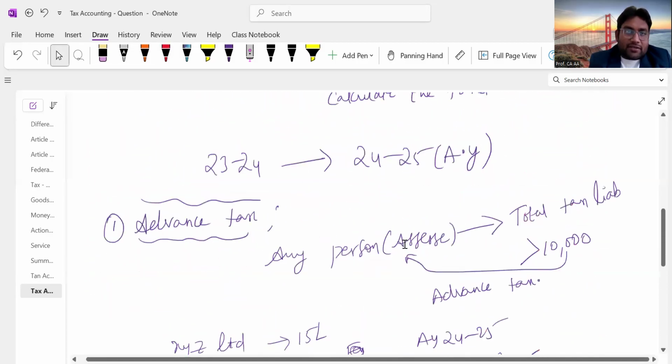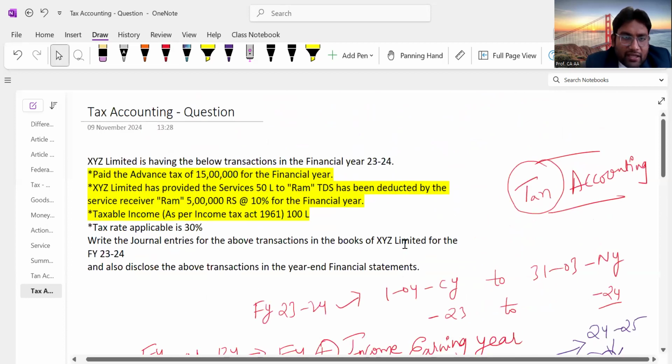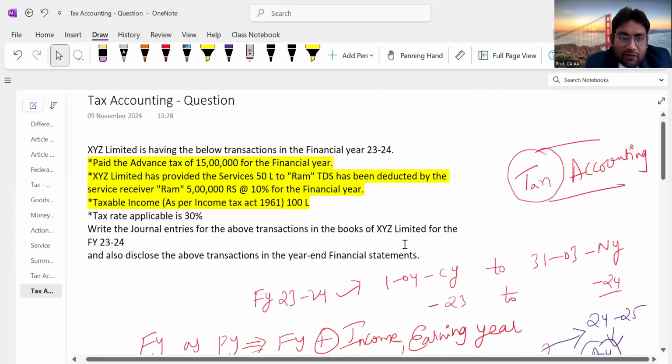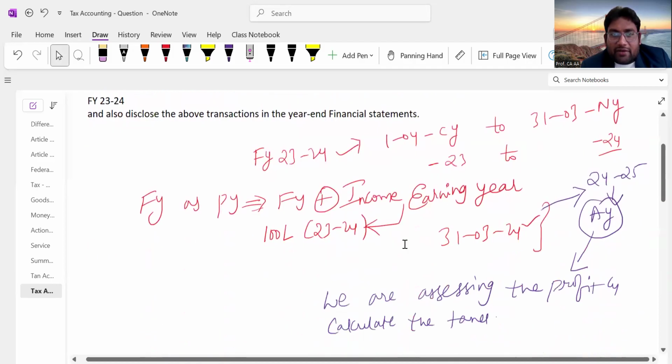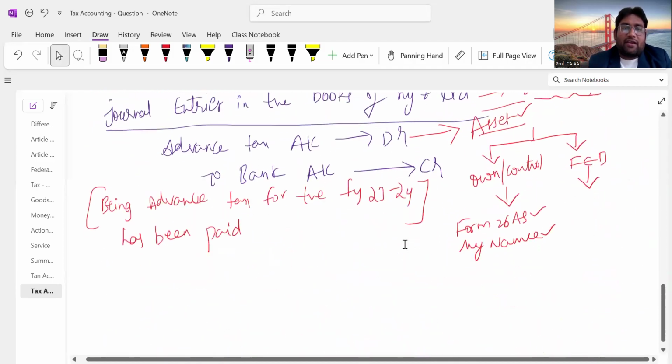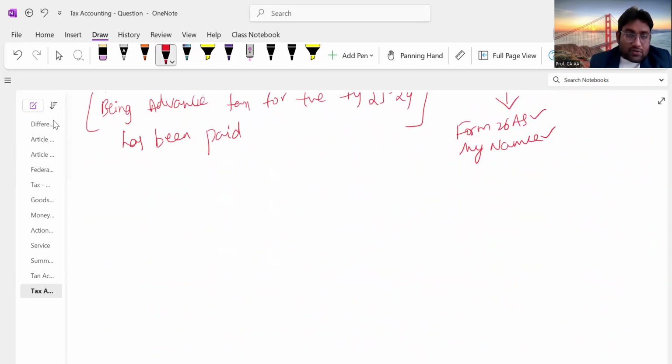Clear? Now, what is the second entry? XYZ Limited has provided services of 50 lakh to Ram. TDS has been deducted by the service receiver Ram, 5 lakh rupees at the rate of 10% for the financial year.